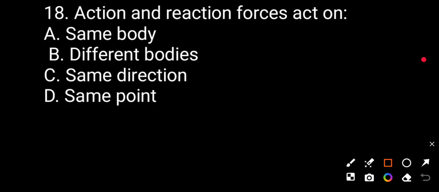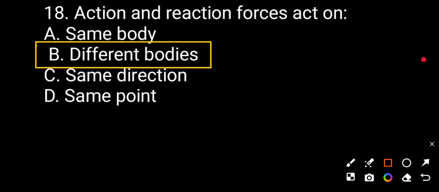Question number 18. Action and reaction force act on option A, same body; option B, different bodies; option C, same direction; option D, same point. Correct answer will be B, different bodies.